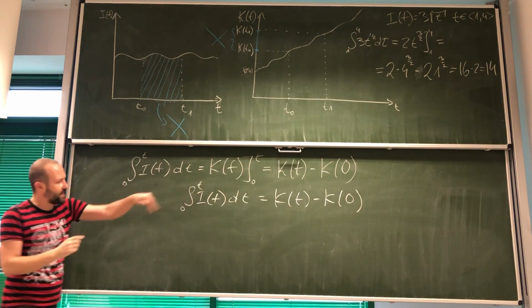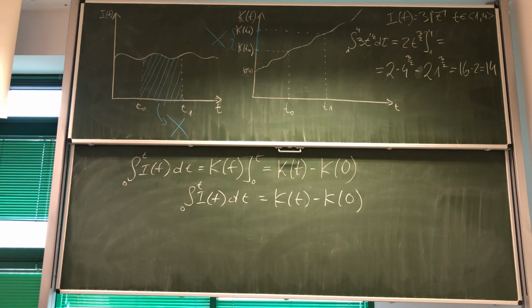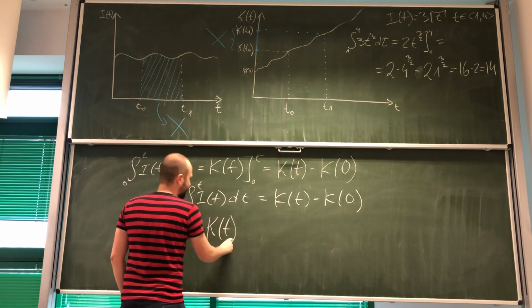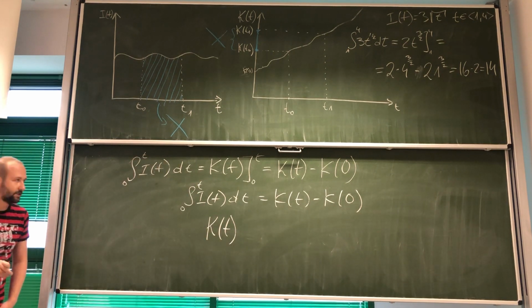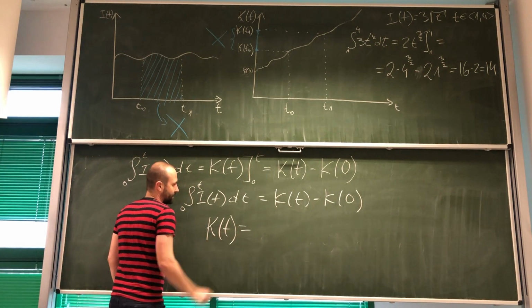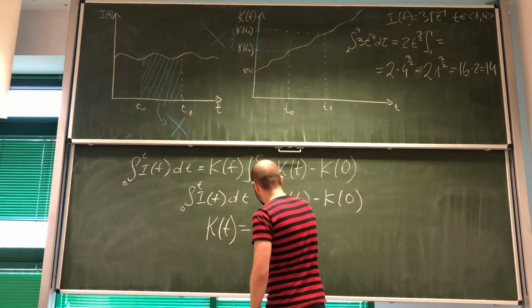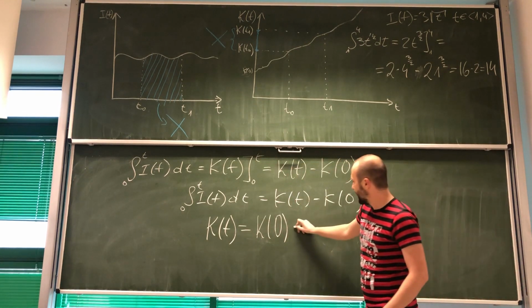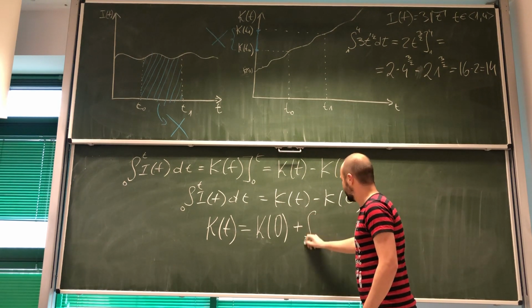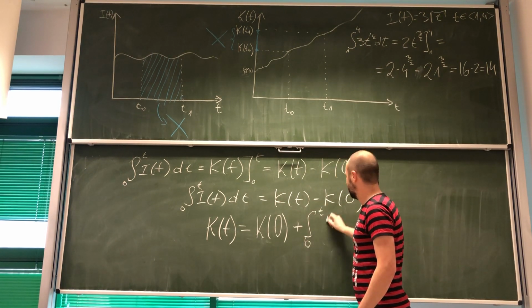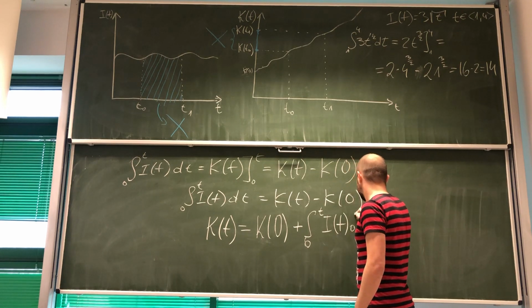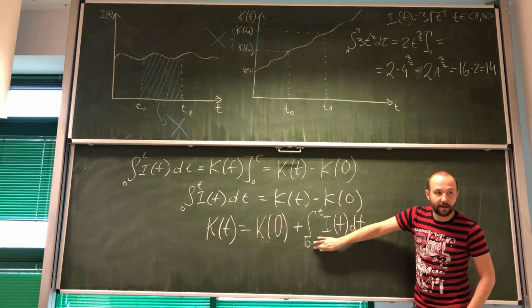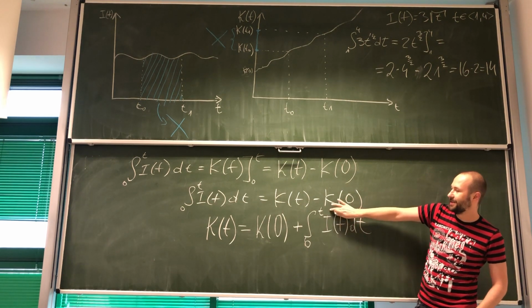Now, if I rearrange the order of the expressions over here, we will get that the level of capital at time t is equal to the level of capital at the very beginning plus the capital formation from year 0 till year t.